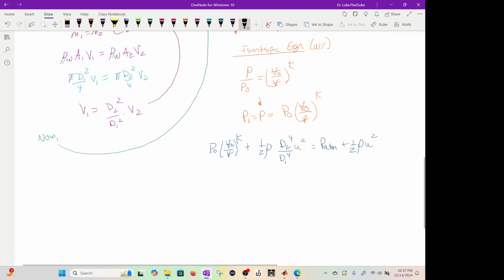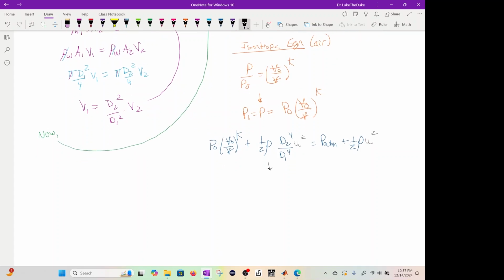And we're going to solve for U now. So U becomes the square root of 2 times P atmosphere minus P naught, V naught over V raised to the k, all over density times d2 over d1 to the fourth minus 1.